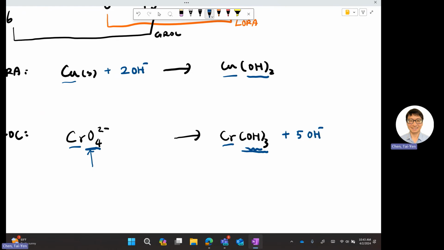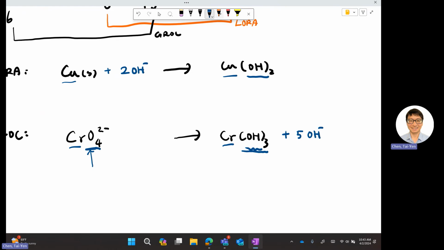Once you do that, you can see you have a total of 8 oxygens and 8 protons on the right-hand side, and on the left-hand side you have 4 oxygens.